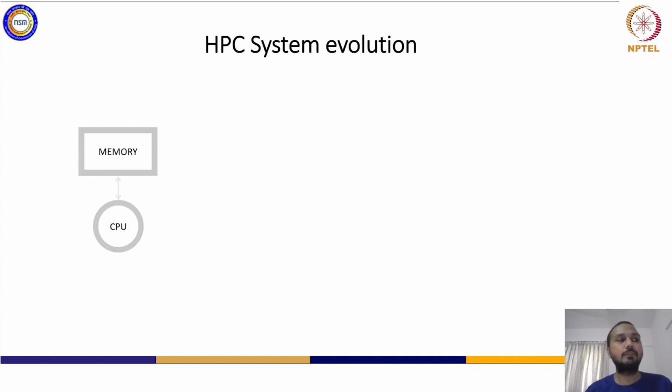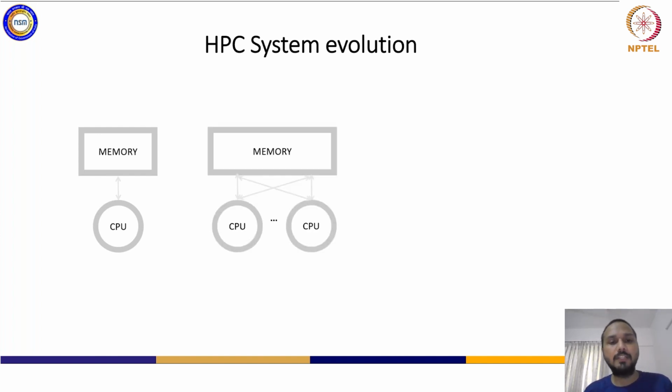But then there were more compute requirements, and one core was not enough to solve them. That's when came the multi-core era, where nowadays you don't get any processor which has one core. You have multiple cores and all of them share the memory. As I said, CPUs nowadays also come with 80 cores.